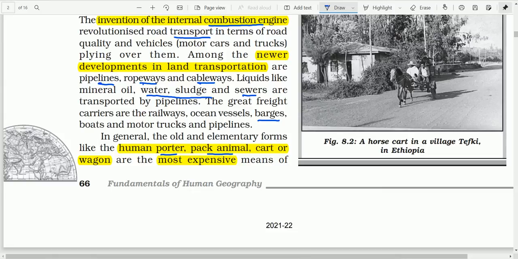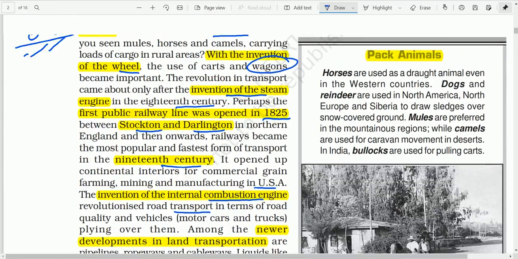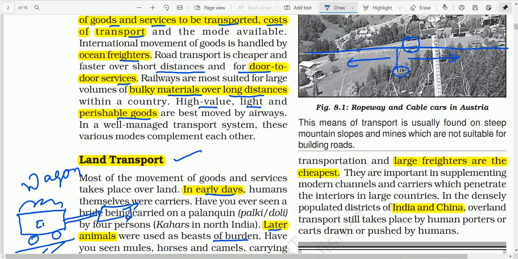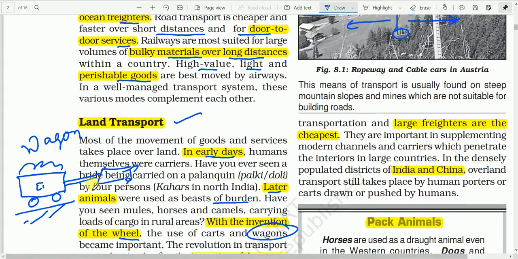Pack animal, an animal used to carry loads. And large freighters are the cheapest, like ocean vessels, railways, and they are important in supplementing modern channels and carriers which penetrate the interior in large countries.